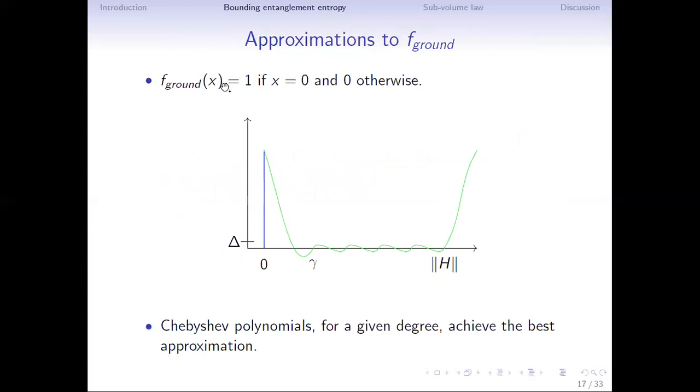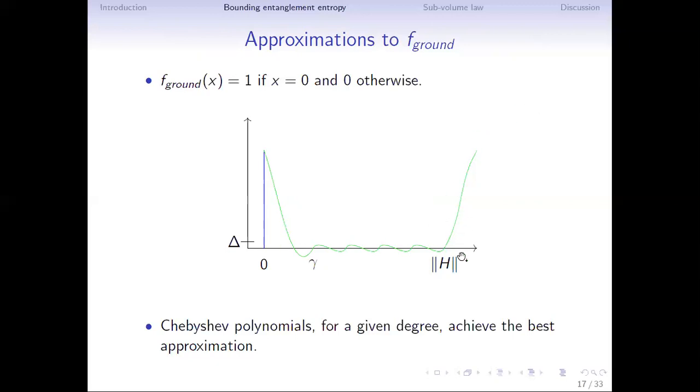So here is the function f ground, shown in the figure as a blue line, and it's 0 everywhere else. Our goal is to find a polynomial, which is the green line, which matches the function value at point 0, and stays as small as possible, because it has to approximate the ground state function f ground, in the range of eigenvalues of the Hamiltonian, which is from the gap gamma all the way to the norm of H. We don't care what happens in the region which is not part of the eigenspectrum of the Hamiltonian.